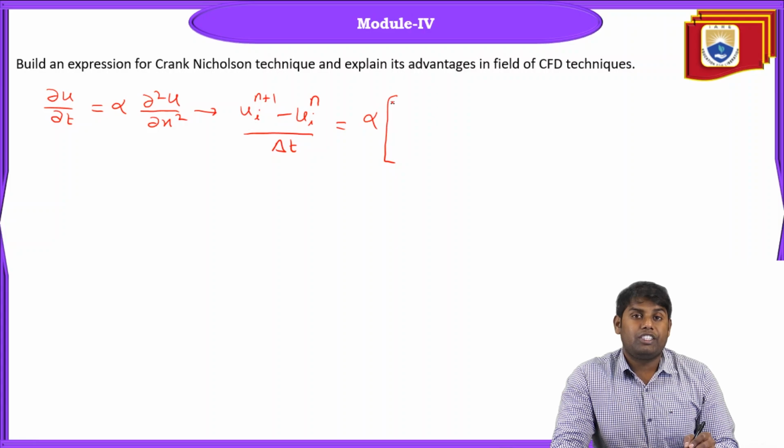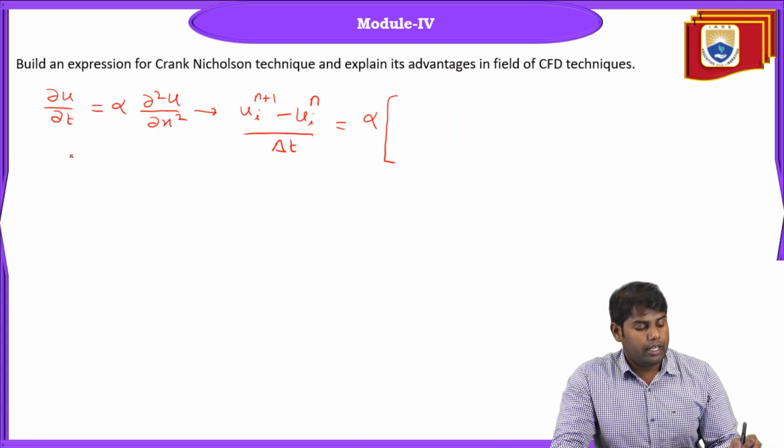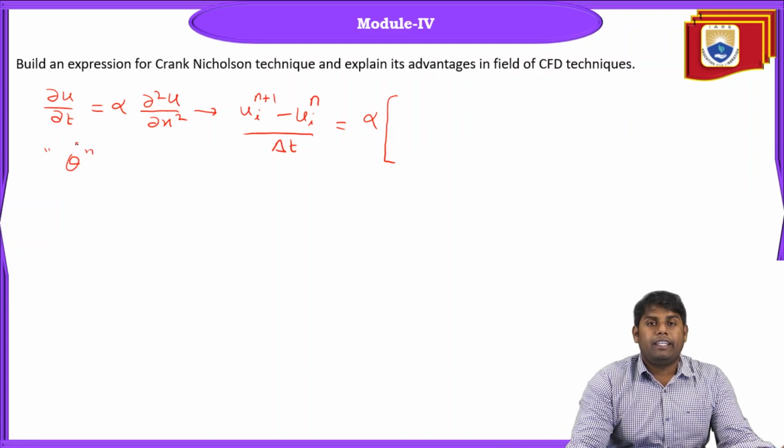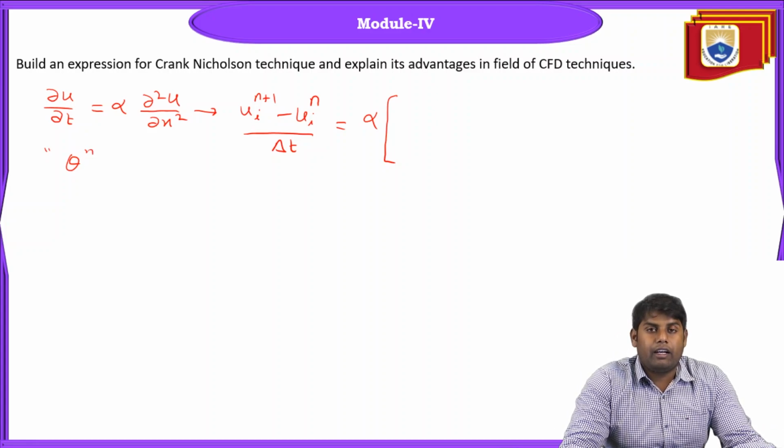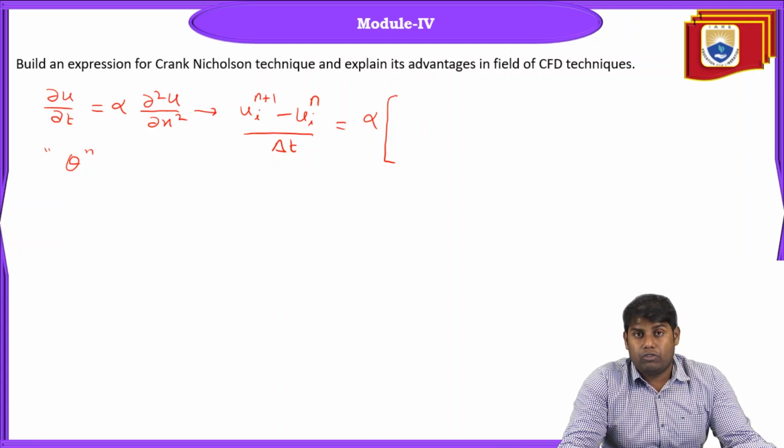One is called the switching factor. We use a switching parameter which is called theta. If the theta value is 0, it switches to one scheme. If theta is equal to 1, it switches to another scheme. If theta is equal to half, it switches to yet another scheme.